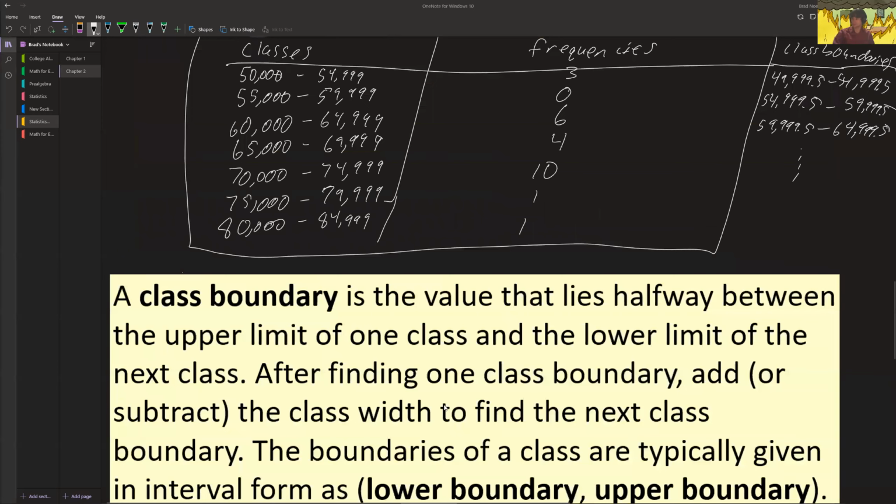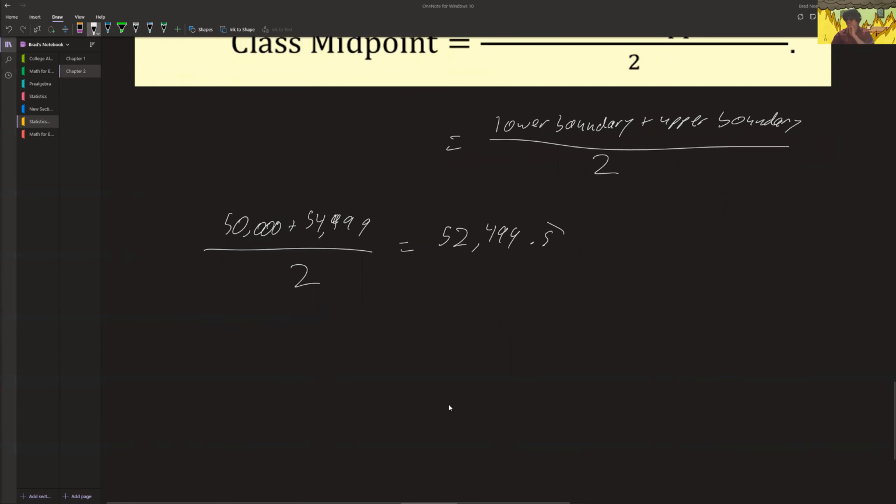But if you want to save a bit of time, just add the class width here. Class width was 5,000, so I could do 57,499.5. Now my next one would be 62,499.5. Again, all I'm doing to get that is adding my class width of 5,000.